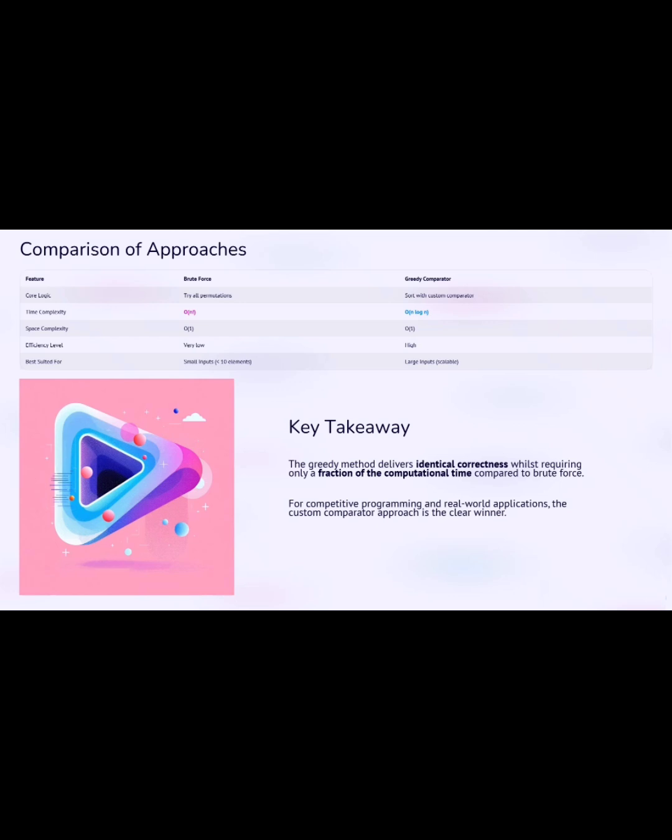The greedy comparator, however, smartly sorts numbers using a custom rule and achieves the same result in just O of n log n. Both use O of 1 space, but the greedy method is far more efficient and scalable. The greedy approach gives identical accuracy as brute force but in a fraction of the time. In real-world and competitive scenarios, efficiency matters most, and that's why the greedy comparator is the clear winner.